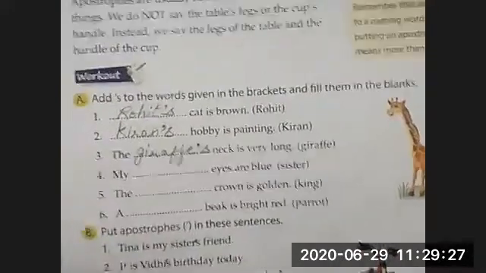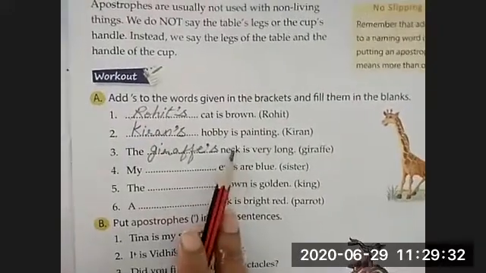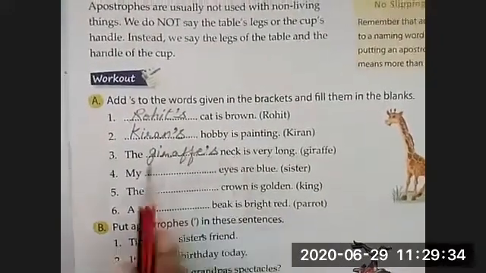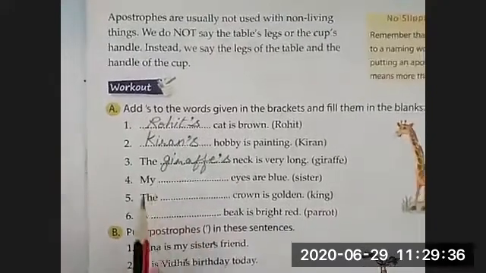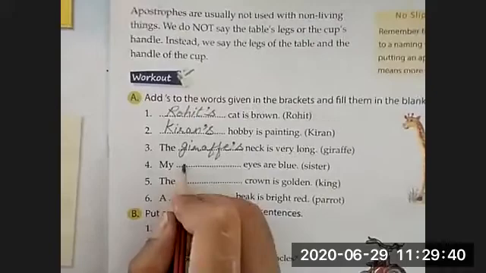Write down. Whose name are we talking about? We are talking about the giraffe's name. My dad's eyes are blue.